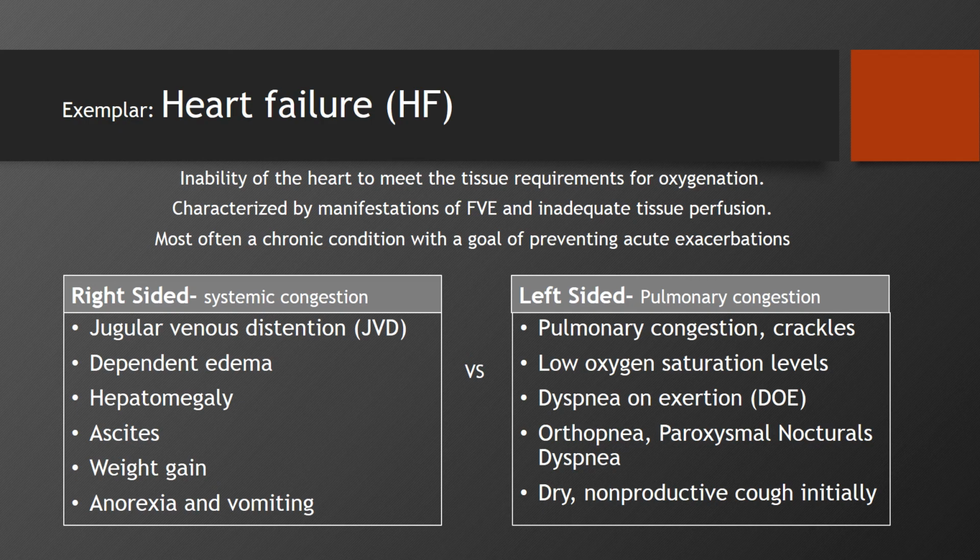If somebody is having left-sided heart failure, they're going to have a lot of pulmonary and respiratory signs and symptoms. The reason for that, if you think back to the way that I was describing how blood travels through the heart at the beginning of this lecture, will make a lot more sense.